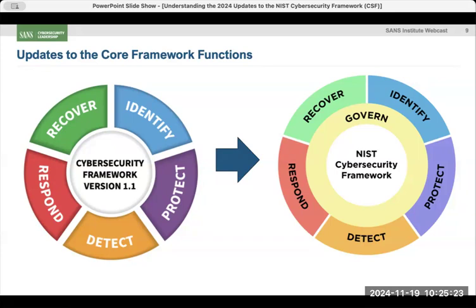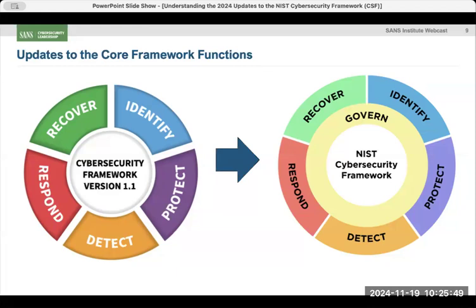Now they've gone through and said, okay, let's take those individual governance statements out of each of the 5 functions that were in place in 1.1, and let's stick them all into this new govern section. So if you ask the question, were there governance statements in version 1.1? The answer is yes. It's just now, frankly, they're better organized in the 2.0 version.